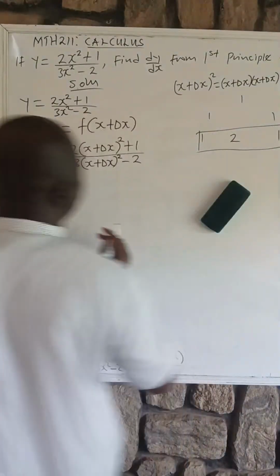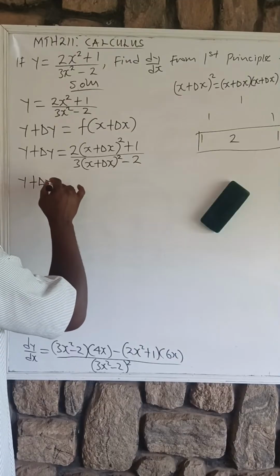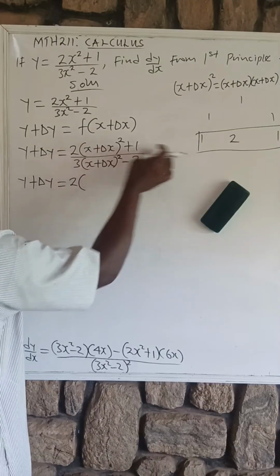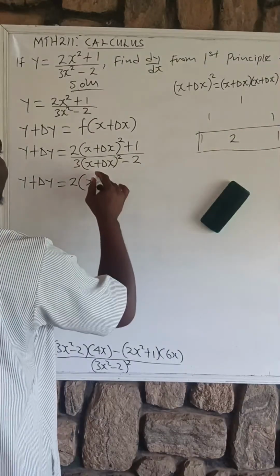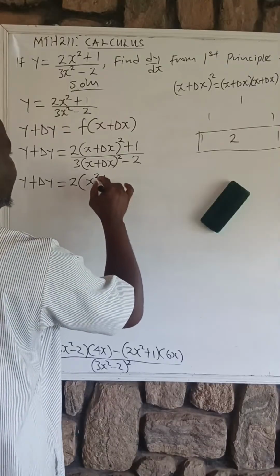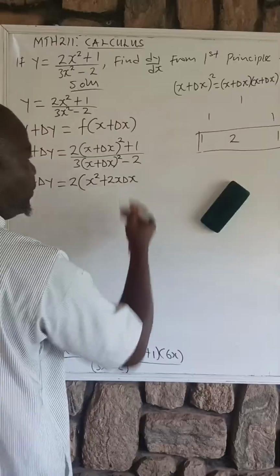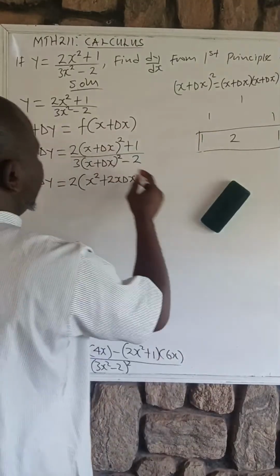So far so good. So here will be y plus dy equals to 2 open brackets. When we expand this bracket, we are going to have 1, 2, 1. That is x raised to power 2, then plus 2x dx. I'll make another video on how to use Pascal's triangle.